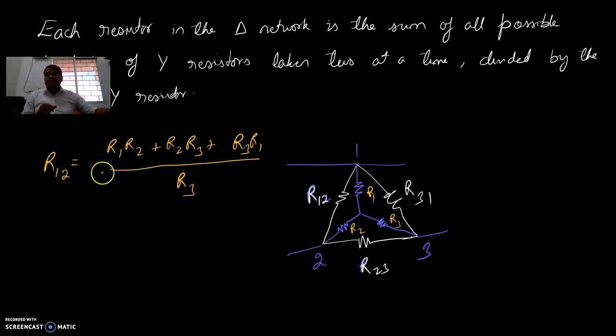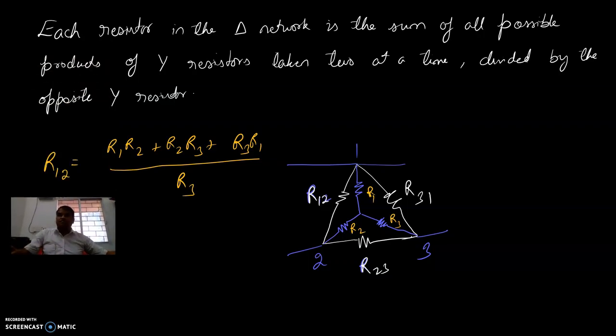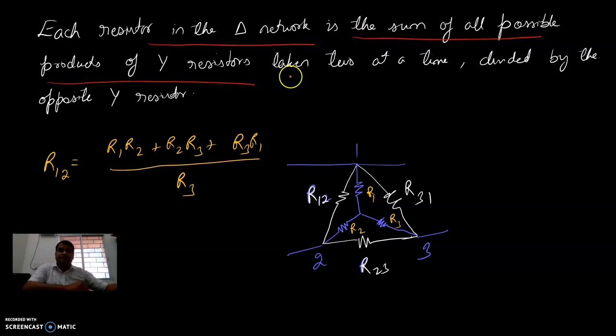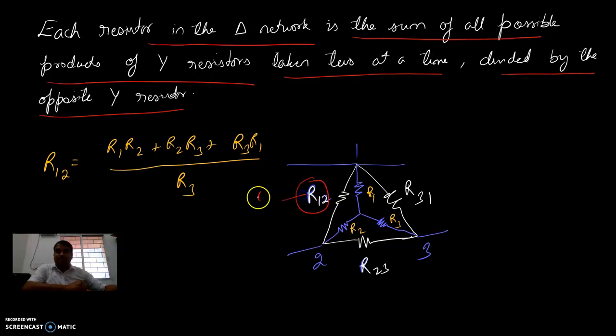What we can have as a conclusion remark is this. Each resistor in a delta connection is the sum of all possible products of the Y resistors taken two at a time, divided by the opposite Y resistor. Here your objective is to find this.